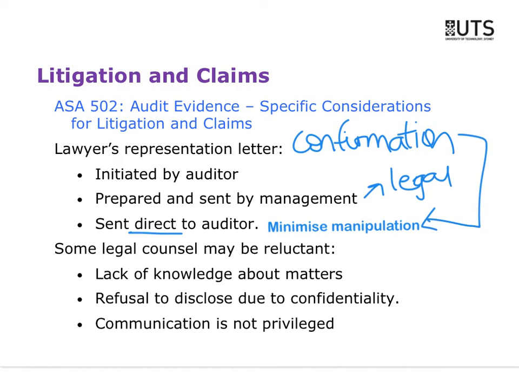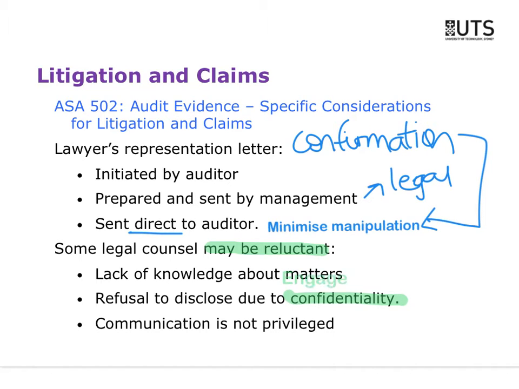Now, some legal counsel are likely to be reluctant, all right, because they claim they don't know anything or they don't want to give a professional judgment or opinion. They may have questions about confidentiality, but what we say in those instances is, well, hang on, we've actually signed a confidentiality agreement in our engagement letter, okay?